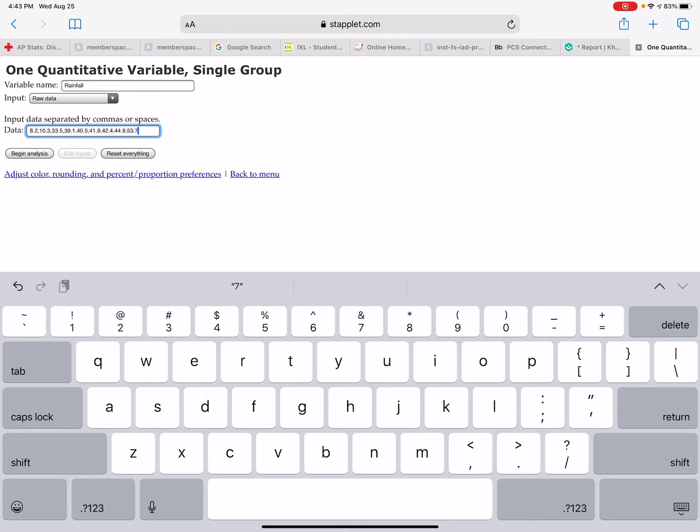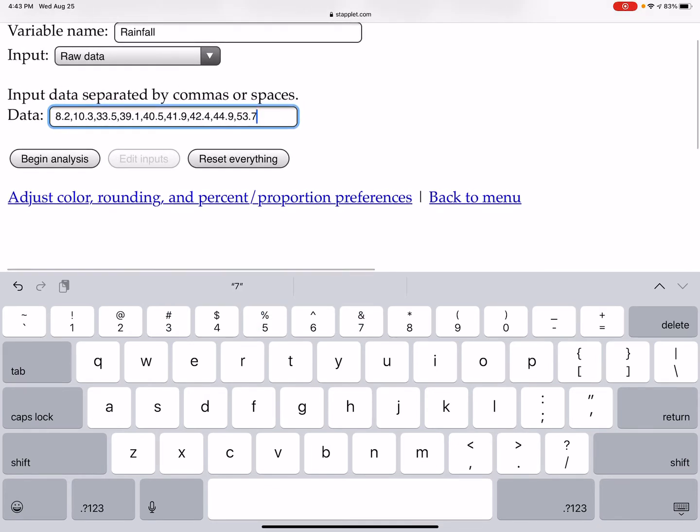Okay, so let me just verify those numbers. 8.2, 10.3, 33.5, 39.1, 40.5, 41.9, 42.4, 44.9, 53.7. Begin.